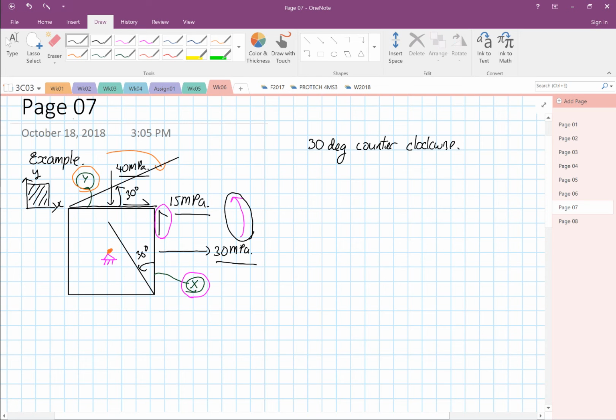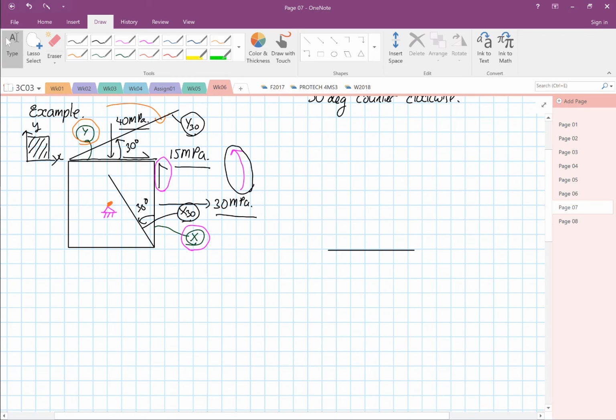For this case, I will call this your Y30 anti-clockwise, and this also will be my X30 anti-clockwise rotation.